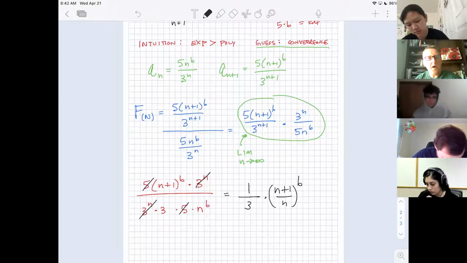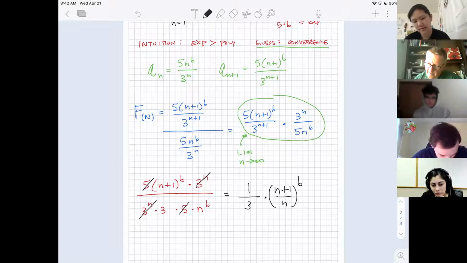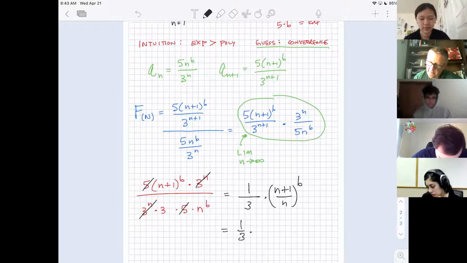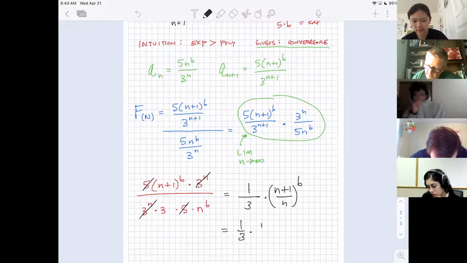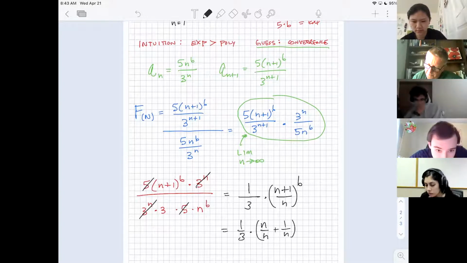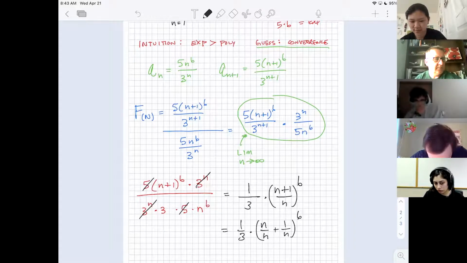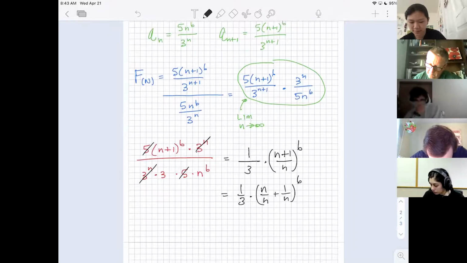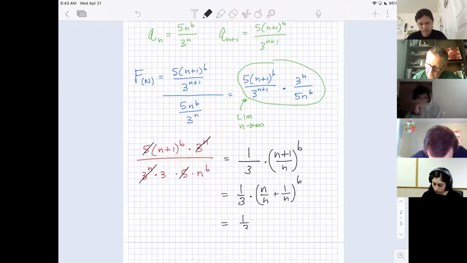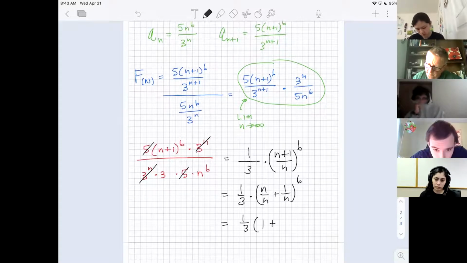I saw Alyssa go, yeah, I see, that's true. And let's see, so the 1/3 is there, but again, isn't that a fraction? N plus 1 over n, isn't that the same as n over n plus 1 over n? Like if I just unadd the fractions, if you will. And so this is 1/3 times 1 plus 1 over n to the 6th power.